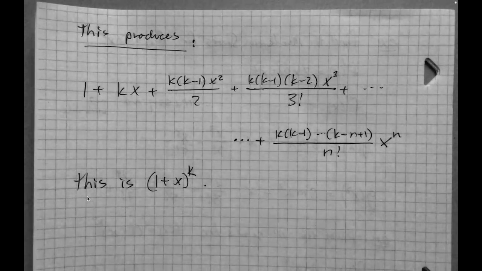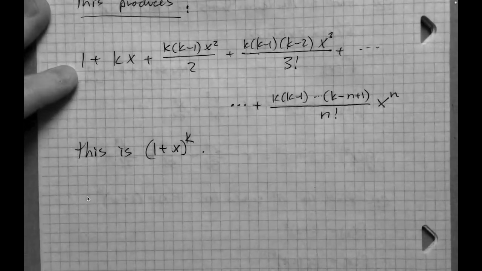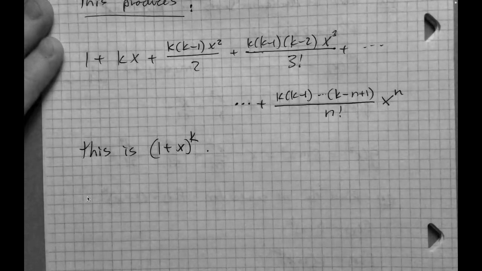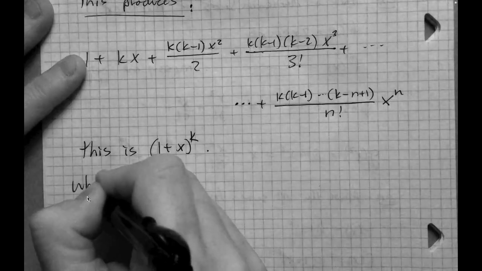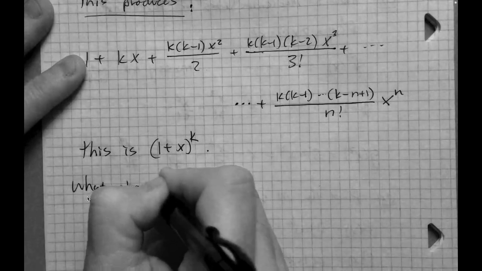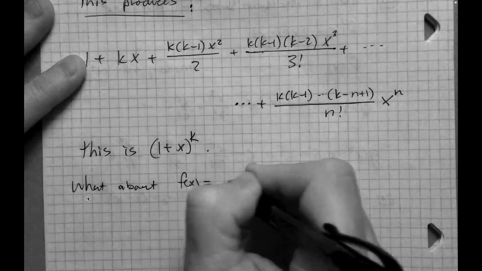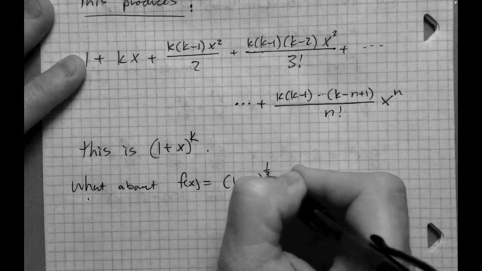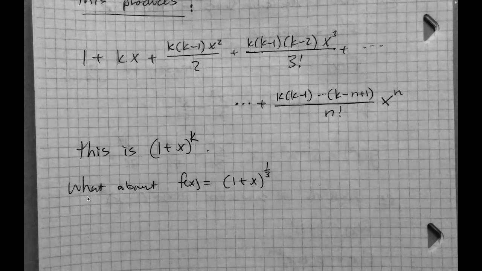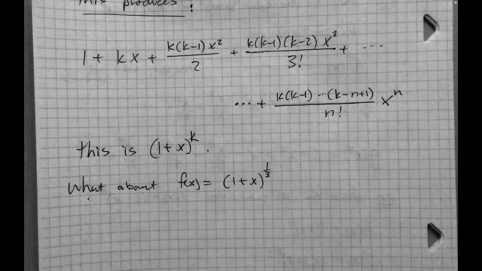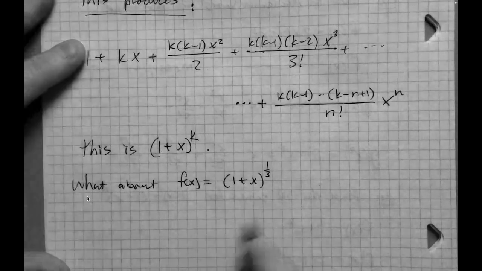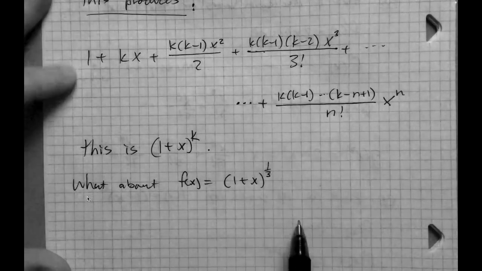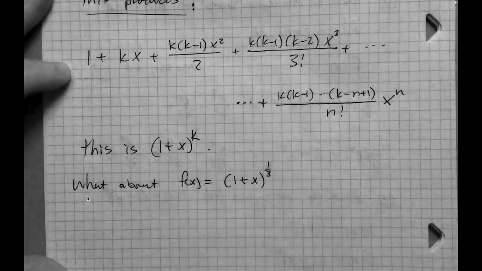So let's plug in a real value for k now. Or what about f of x equals 1 plus x to the 1/3, so like the cube root of 1 plus x. Well, it's just going to be this basic pattern. Just toss in 1/3 for k.